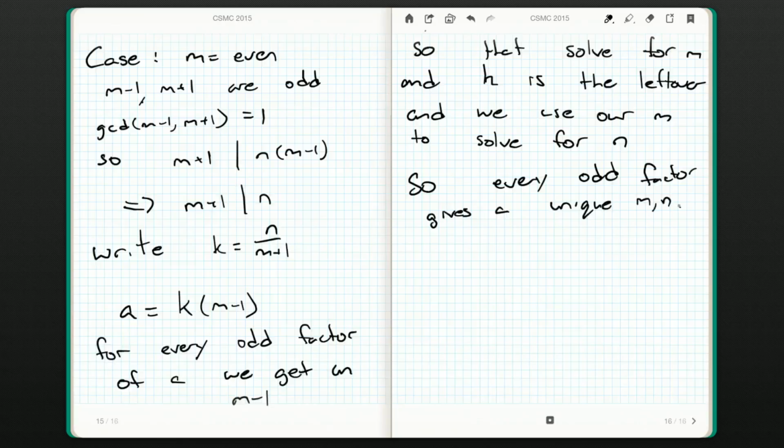All right. So that's what happens if we're just looking at m's being even. We'll get an even m. M minus 1 is going to be odd. That's a factor of a. We'll get our k. We'll get our m. And then from those two, we get our n. That gives us a pair m, n.